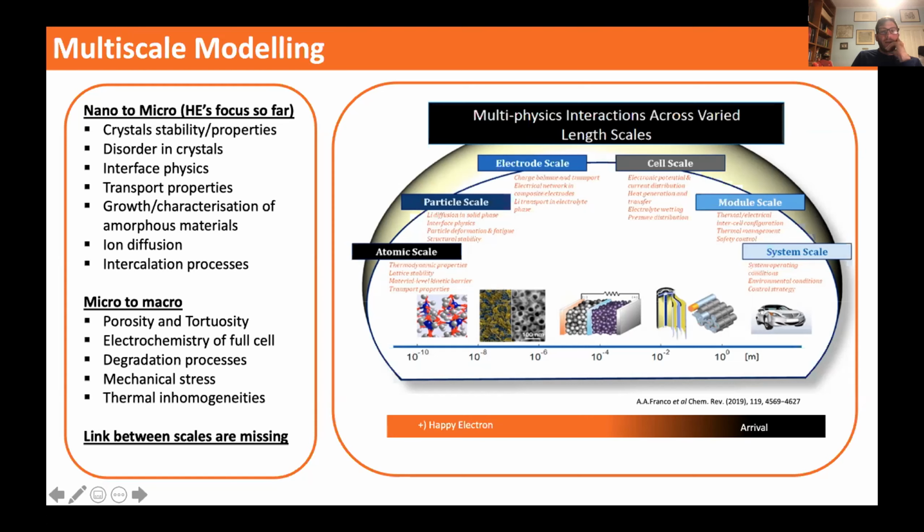So far, our interest and our expertise are really in the nano to micro, I would say more nano actually. Most of the work we've been doing focuses on calculating and predicting crystal stabilities, disordered crystal and interface physics, but also some work on ionic diffusion and intercalation processes. Now we are expanding our interest to this larger scale, to really merge with what Arrival is doing for their systems.